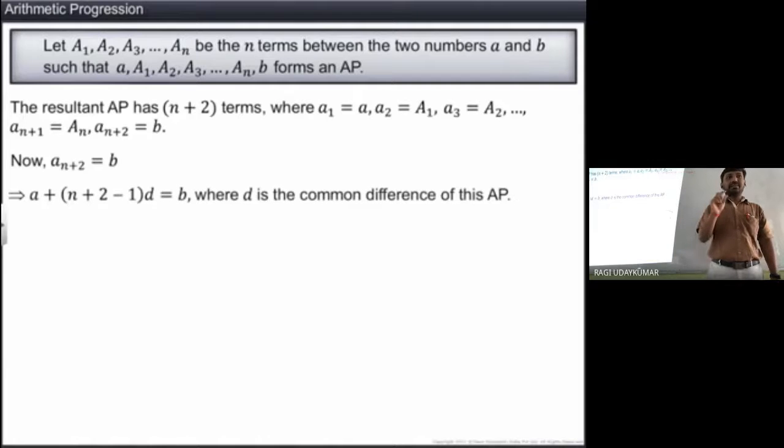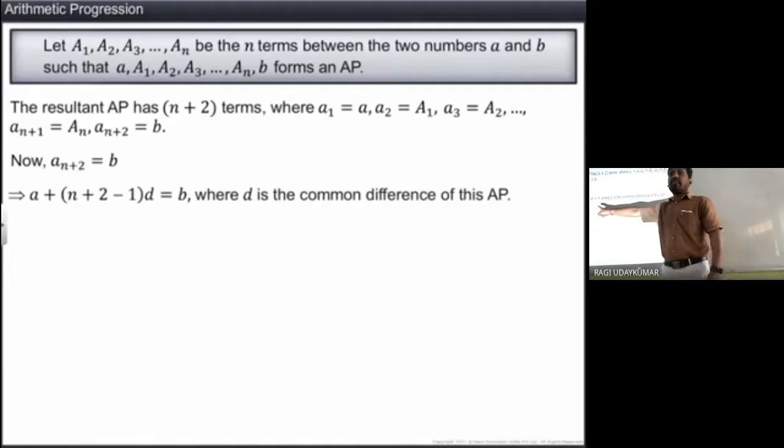Nth term का फॉर्मूला क्या है? a plus n minus 1 into d. So n plus 2 term is a plus n plus 2 minus 1 into d.